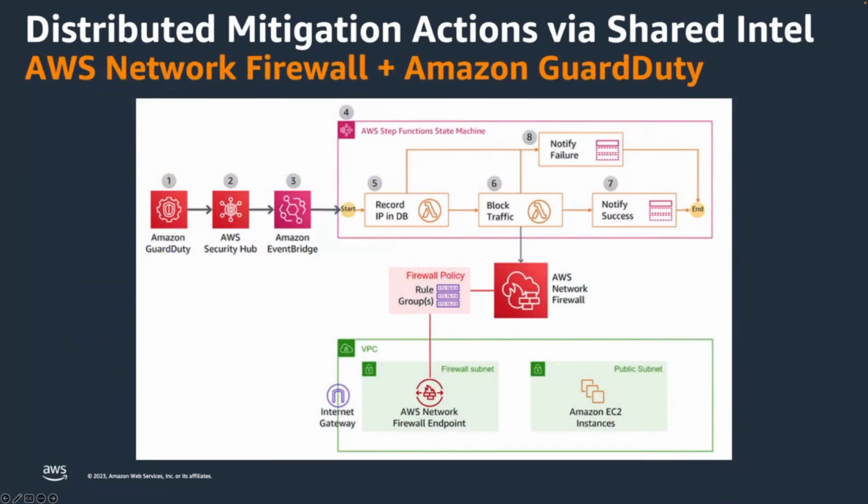So what we have here is a more elaborated workflow from the previous diagram that I'll walk through. Our first step here is that Amazon GuardDuty detects something unusual in terms of potentially malicious behavior in the Amazon VPC. Some of this behavior includes communication to a remote IP address.